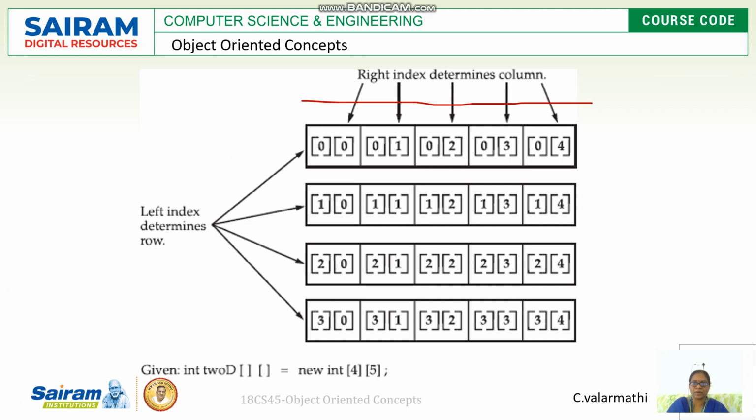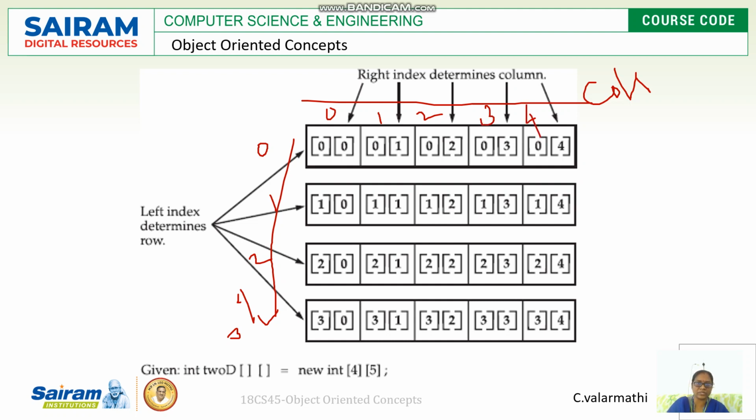How many rows are there? Starting from 0, 1, 2, 3. Similarly, the columns start from 0, 1, 2, 3, 4.